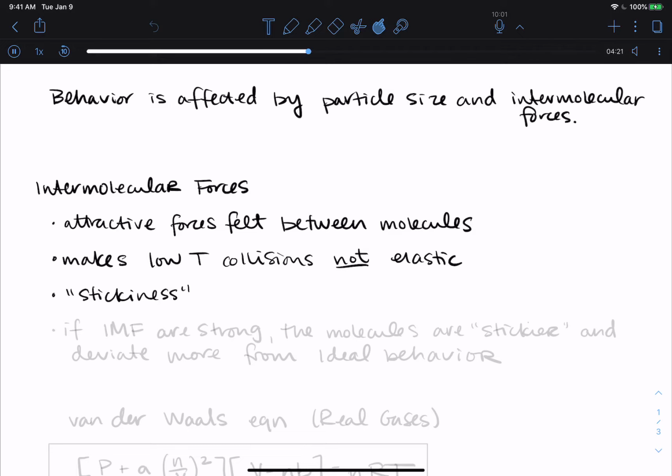So if the intermolecular forces are strong, I'm going to abbreviate this IMF, we would say the molecules are stickier and deviate more from ideal behavior.